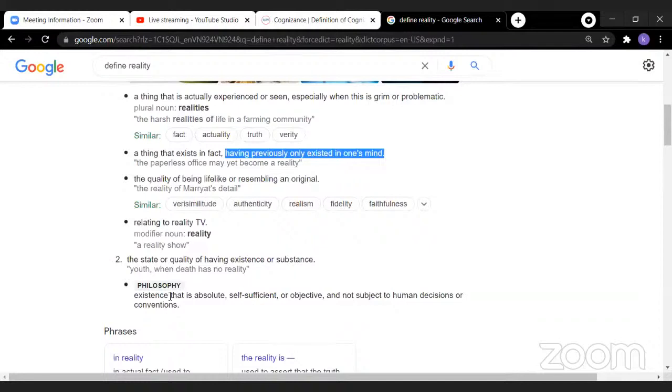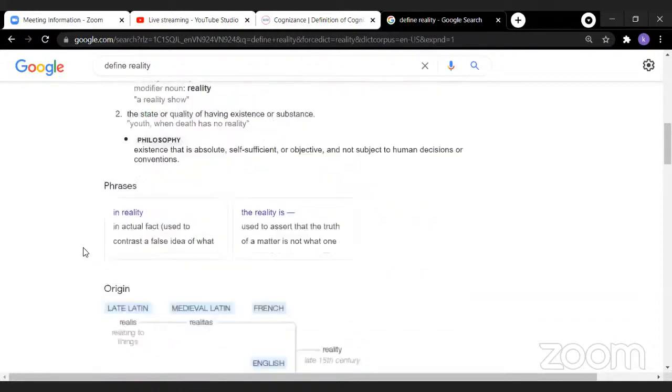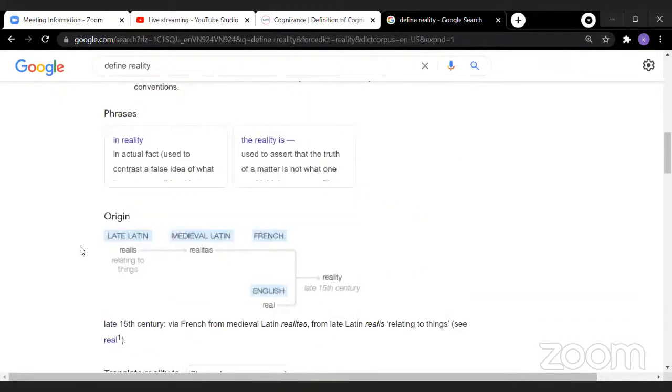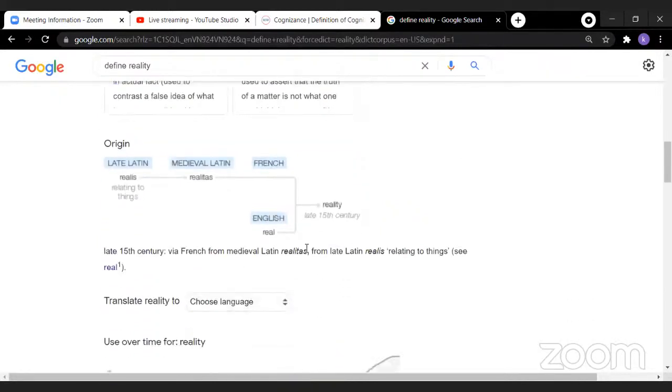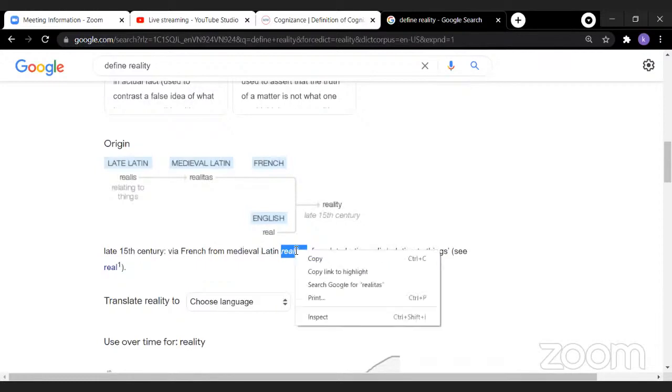Okay, so let's not waste time, but let's move on. I think we can find it here. So this is the origin, the etymology of reality, late 15th century, from French, from medieval Latin. Now let's look this one up and see if we can get the senses.